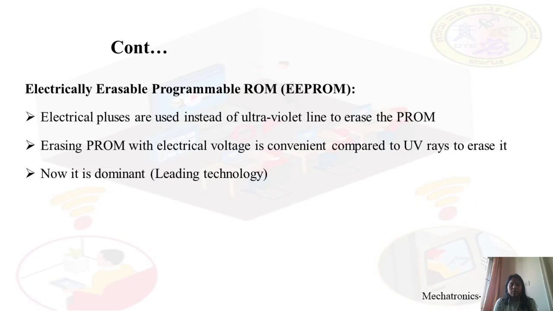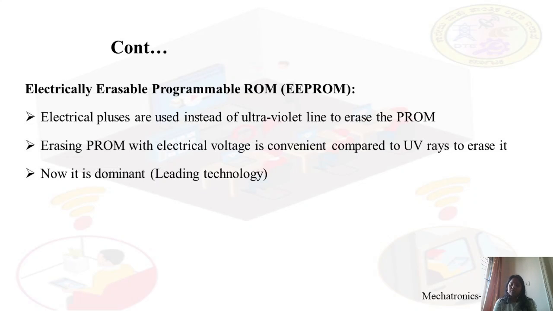What is EEPROM? EEPROM is electrically erasable programmable ROM. In the name itself, we are using electrical signals or pulses to erase the memory instead of UV light. Erasing ROM with electrical voltage is convenient compared to UV rays.